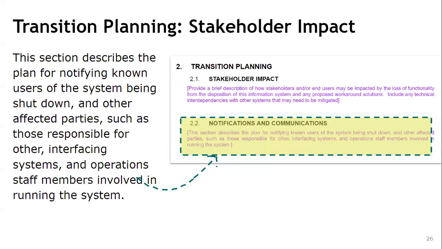So in order to implement the new one, we have to dispose of the older one. So here we have to notify the end users and also the stakeholders and how they can be impacted. Okay. And we have to notify them. We have to communicate with them clearly.